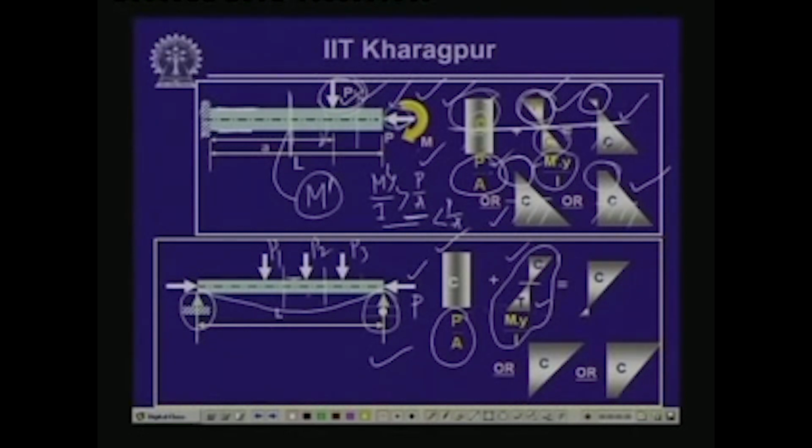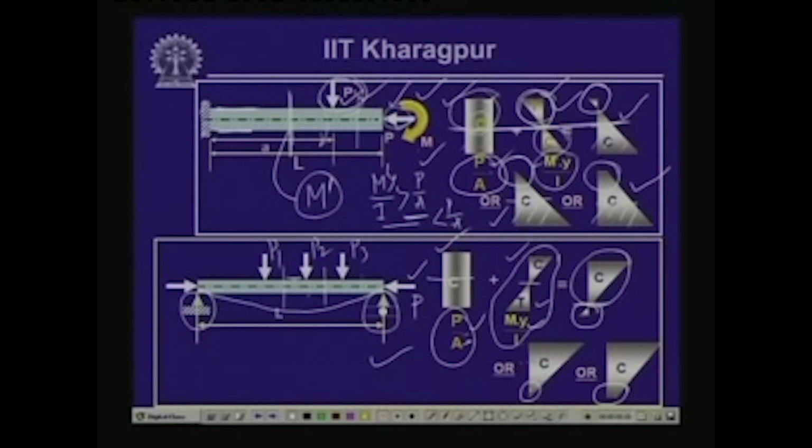Now if we combine these two together, the neutral axis position of course will shift, and you will have compressive stress above the neutral axis and tensile stress at the bottom if My by I is greater than P by A, or this part will be 0 if My by I is equal to P by A, and this will be a positive or compressive stress if My by I is less than P by A. Again we get a similar situation, only the position changes.